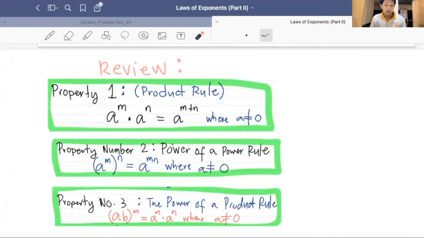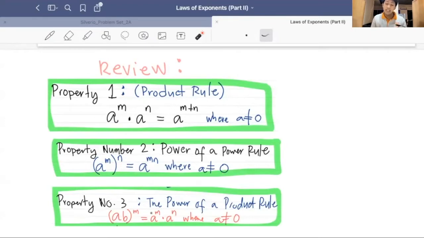For the second property, we have the power of a power rule. So if you have the expression a to the m, and that is being raised to another power, which is n, all you have to do is copy the base and multiply the two powers, m times n, where a is not equal to 0. And of course, property number 3, the power of a product rule.